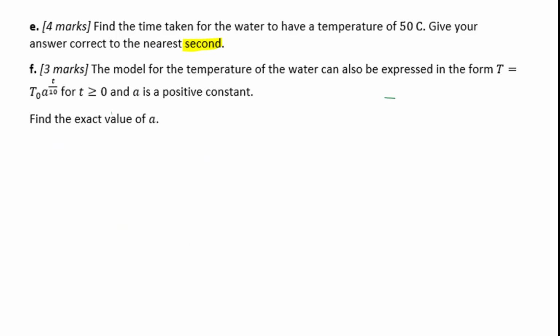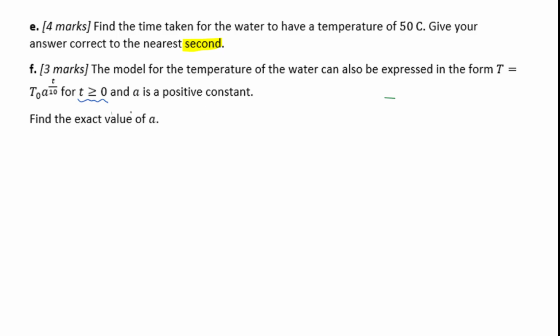Let's go to f. The model for the temperature of the water can also be expressed in the form T equals T sub 0 A to the t over 10th power for t greater than or equal to 0, and A is a positive constant.